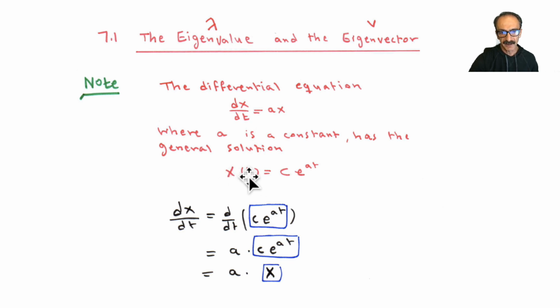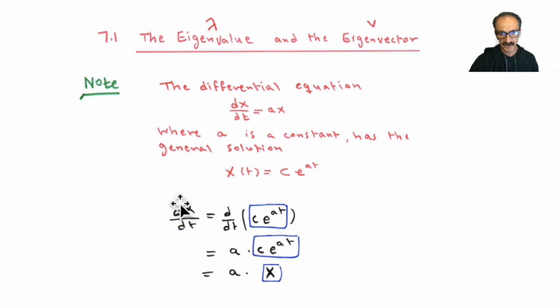So if I take x as c times e to the power at and I apply d/dt to find its differential, the a on the exponent will go up front, and this boxed expression is the same thing as x times a.